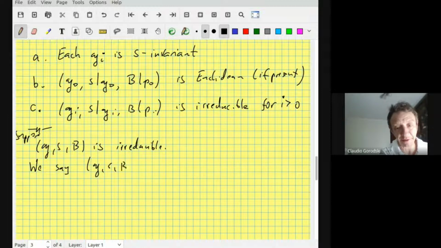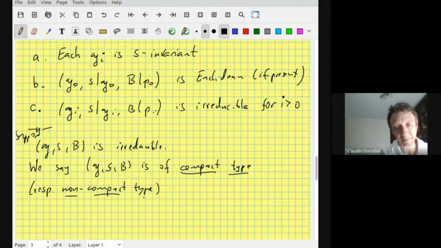We say (G, S, B) is of compact type, respectively non-compact type, if the Killing form is negative definite.